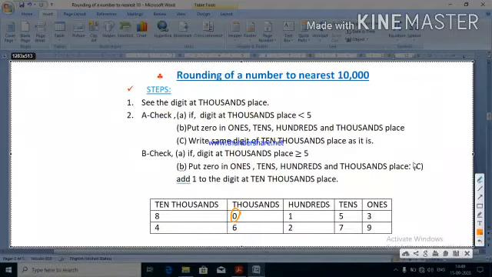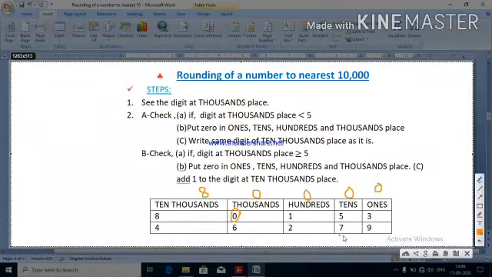That is, in ones place you have to write zero, in tens place zero, in hundreds place zero, in thousands place 0, and in ten-thousands place you have to write 8, the number as it is, because in thousands place the digit is less than 5. So the nearest 10,000 is 80,000.